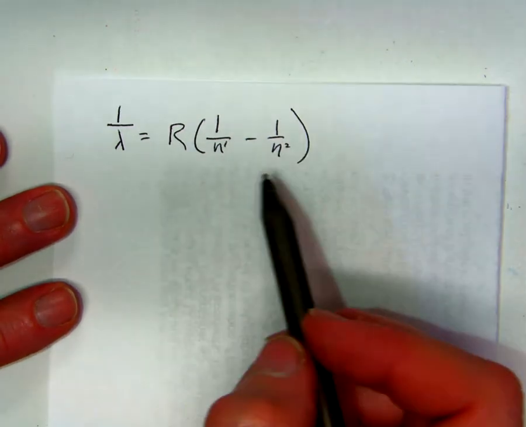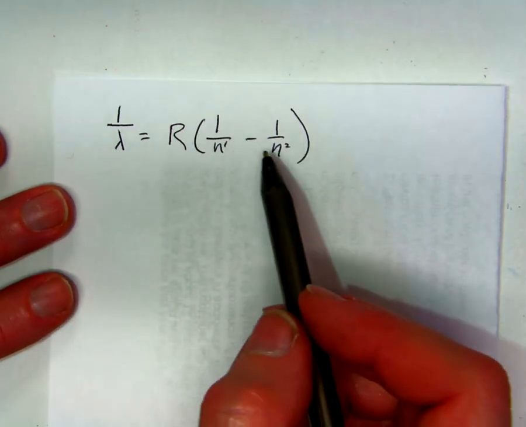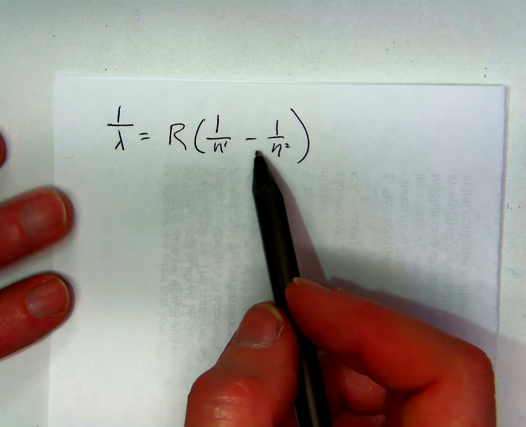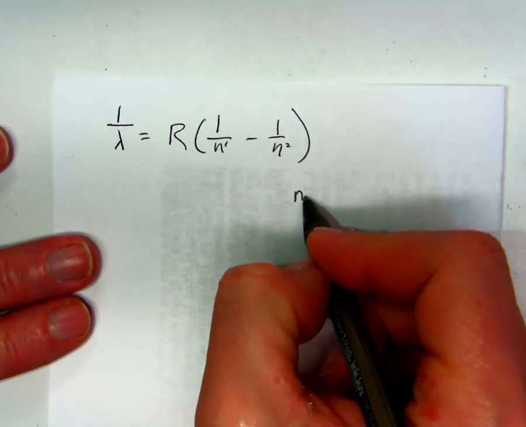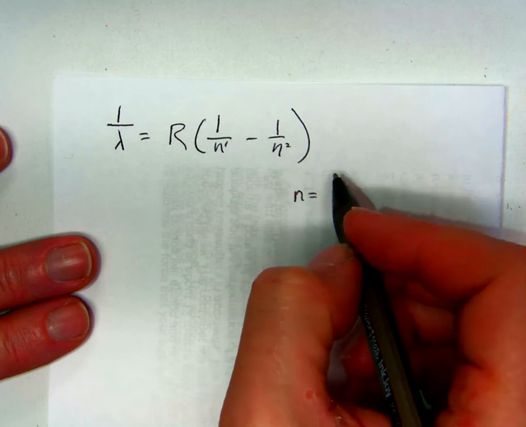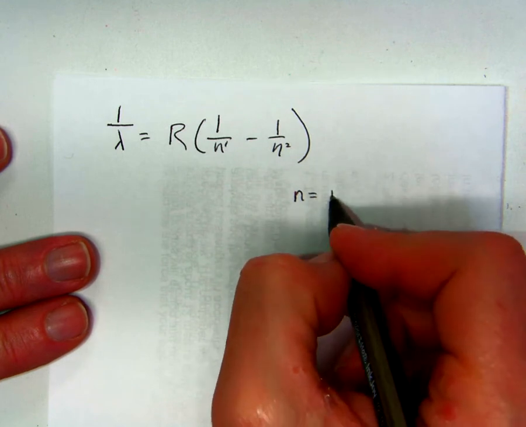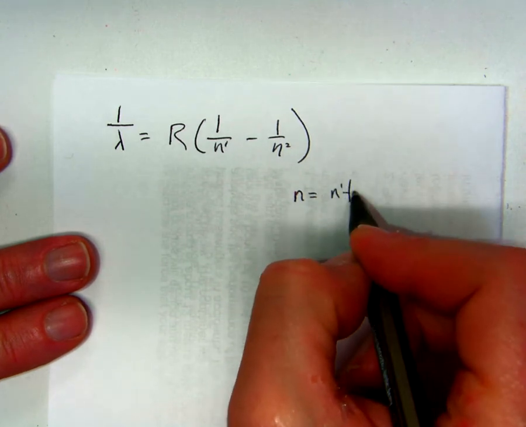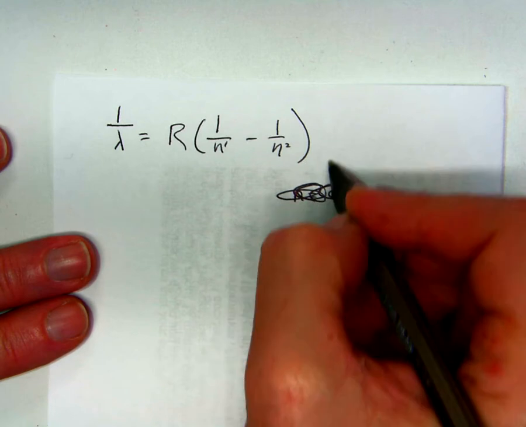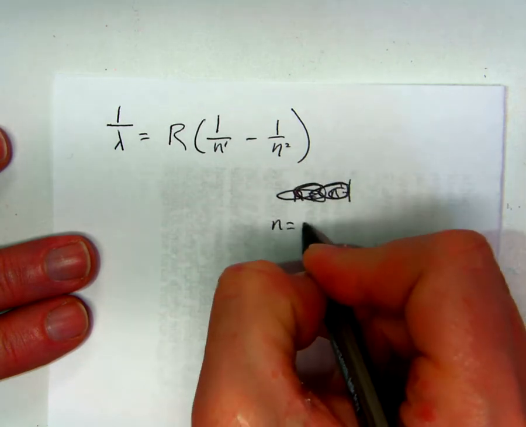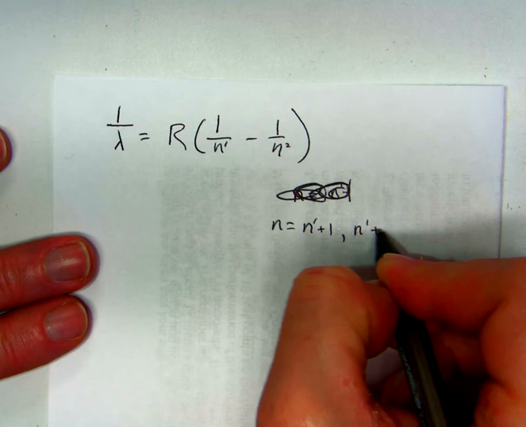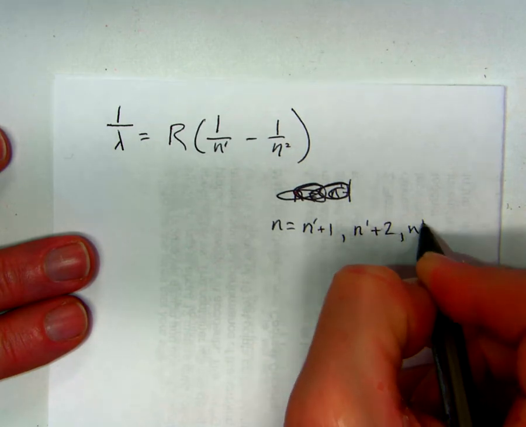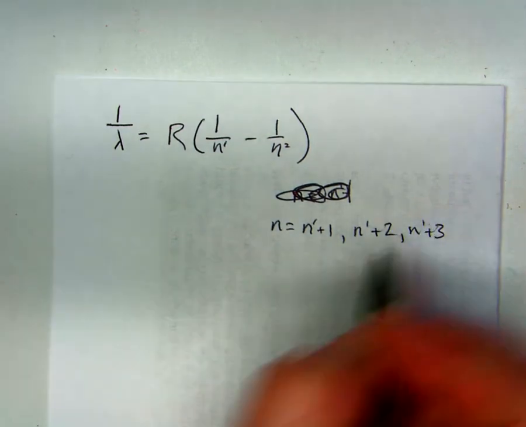So basically it's the difference between energy levels here, where n is n prime plus 1, n prime plus 2, n prime plus 3.